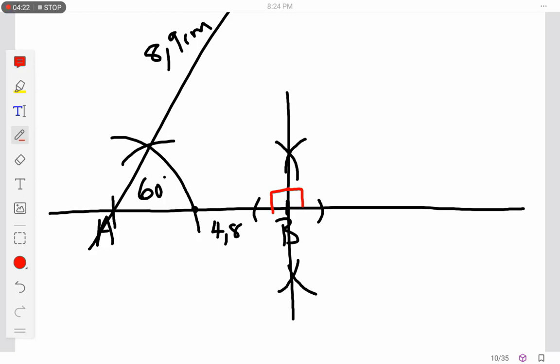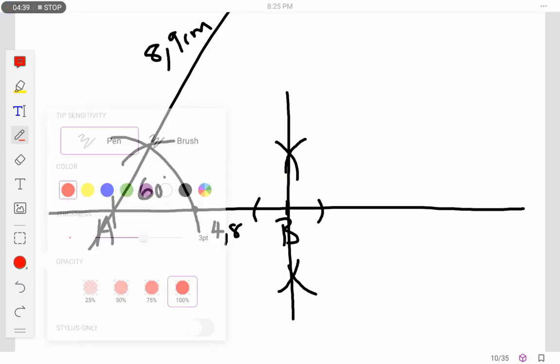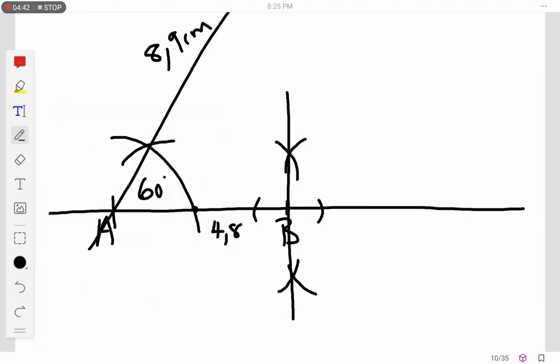Now, for us to get 135, it is going to be from this point going this way, meaning to say we must have a line that is like that. So we are going to bisect this 90 degrees here. Let's bisect that 90 degrees. So we can open our compass. I'm going to open far here, guys. Okay, let me just do this.